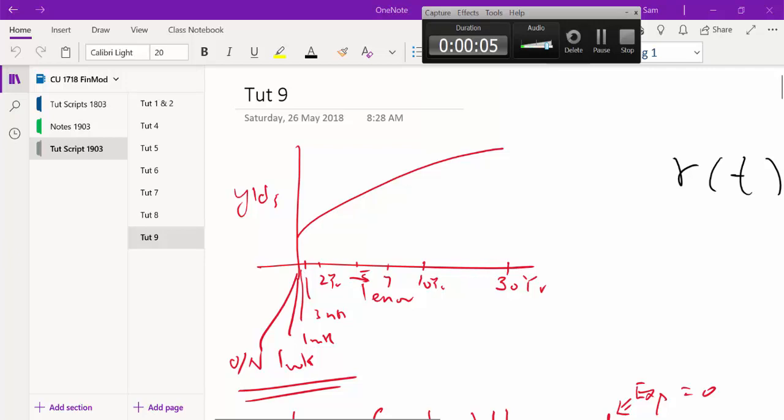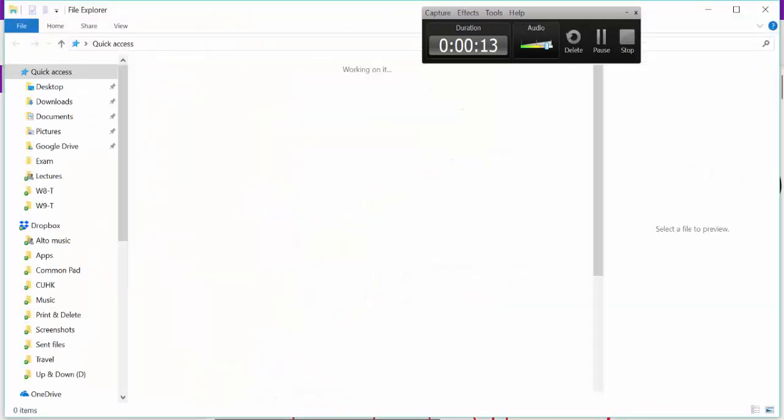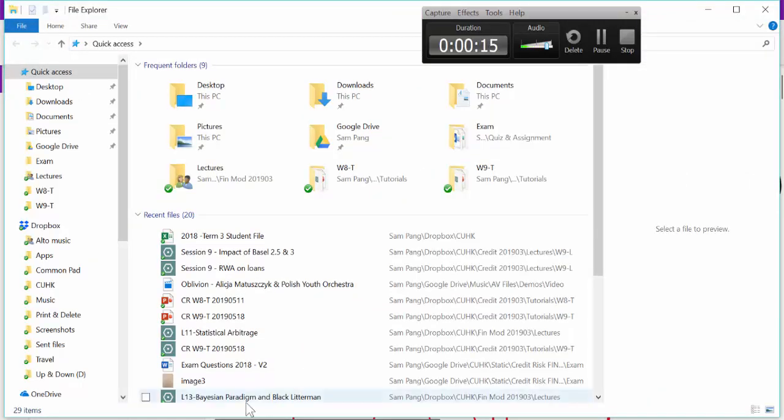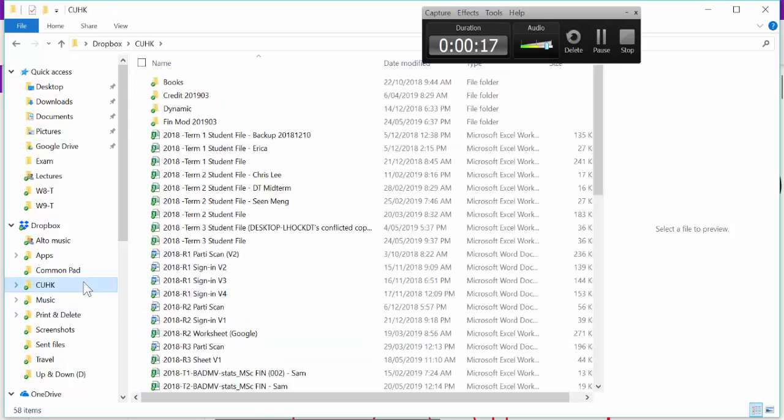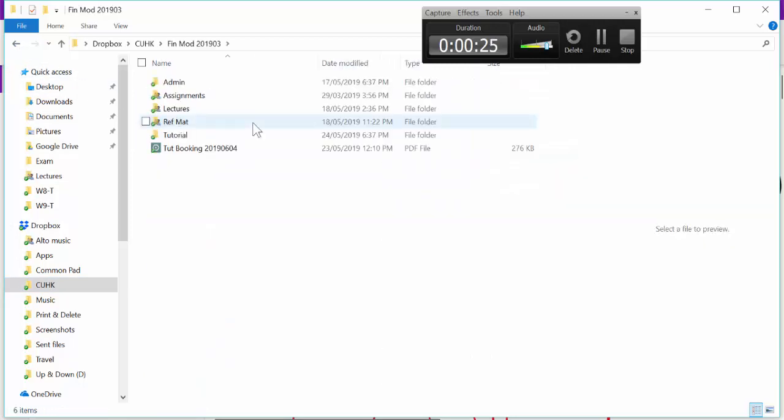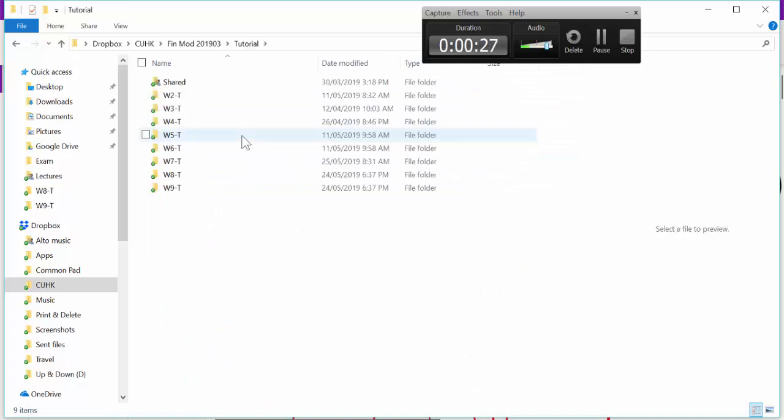Thank you for coming. What I want to do today is to just pick up from where we left off last week. I want to share with you a bit more about, not credit, the topic of interest rate modeling.